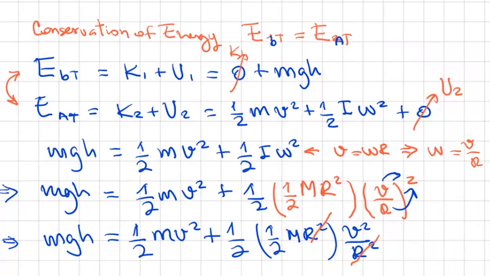Okay, finally I can write this expression like this. Mass hg equal to 1/2 of the mass v squared plus 1/2 of the mass.